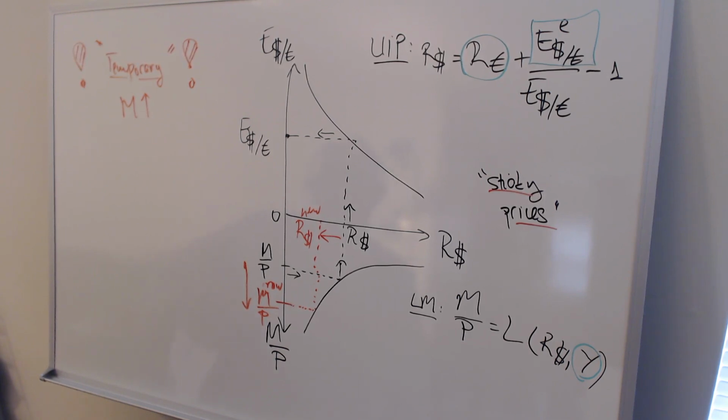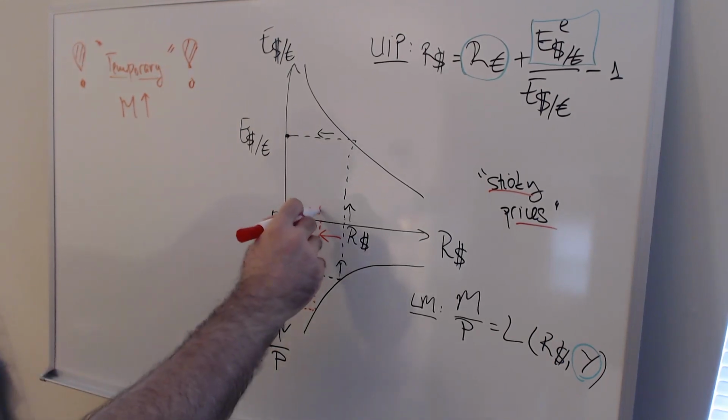And so if I want people to hold more money, then interest rates have to fall in order for them not to be as interested in holding interest-bearing assets that pay interest rate R dollar. So a higher money supply leads to a lower interest rate in the US.